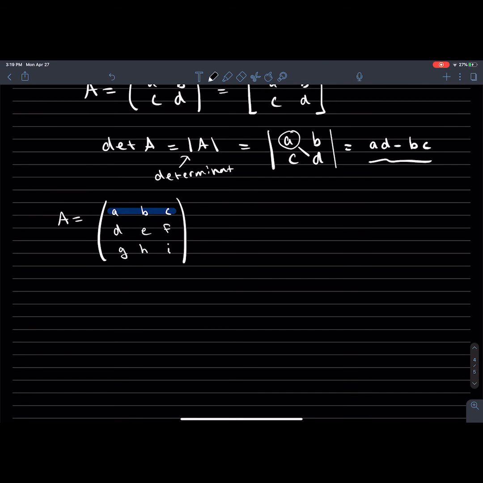And to find the determinant of A, I can write the determinant of A, and that way I don't have to write out that whole matrix again. So the determinant of A, you're going to use the first position. A is positive, so it's A times the determinant of a 2 by 2 matrix.